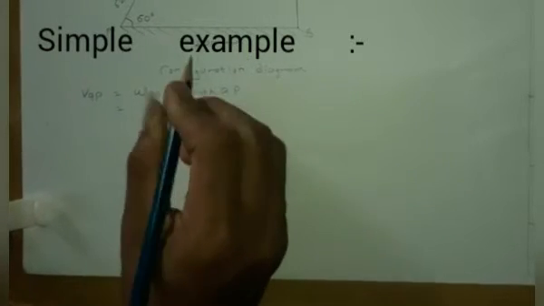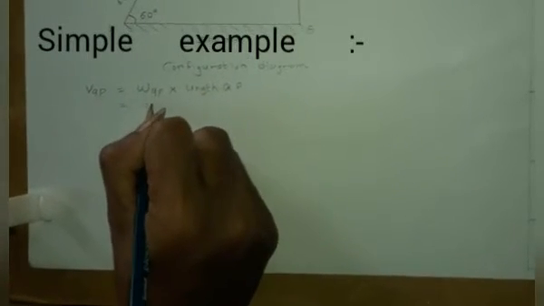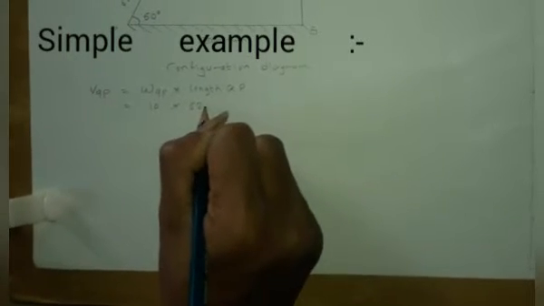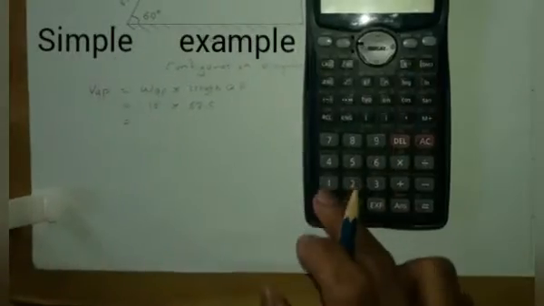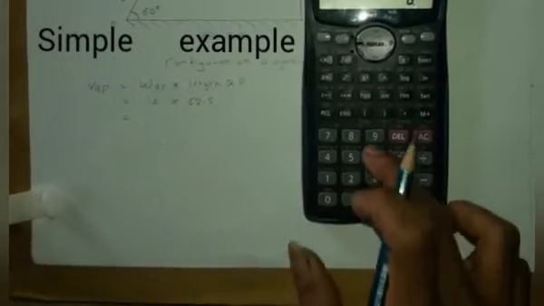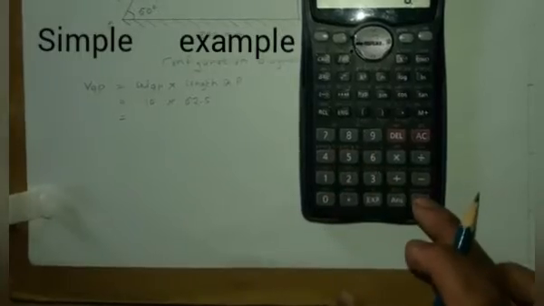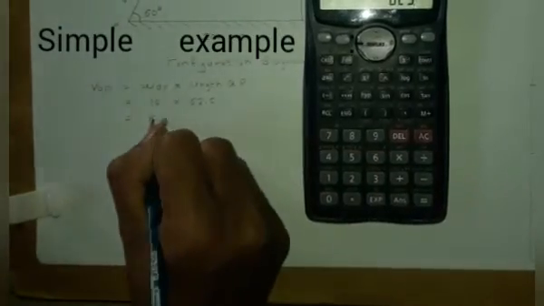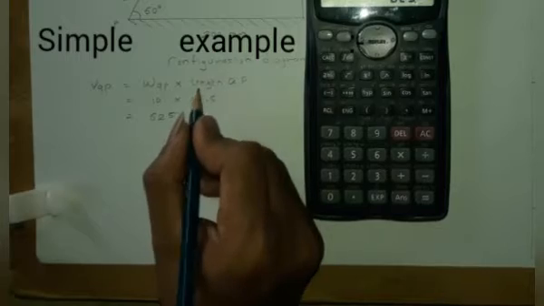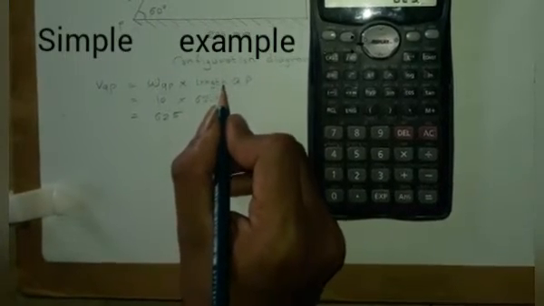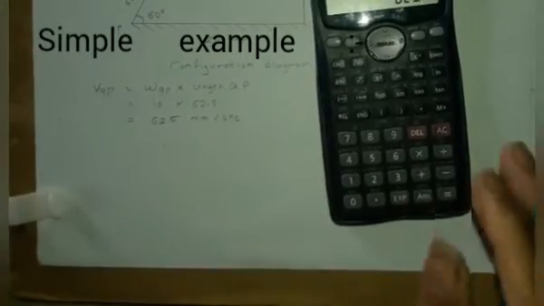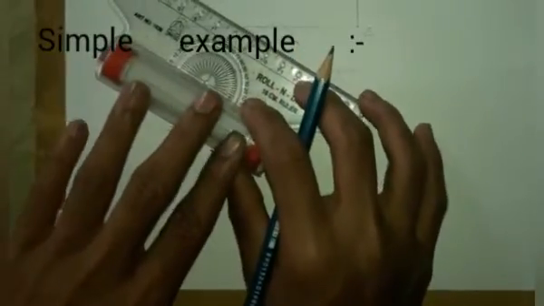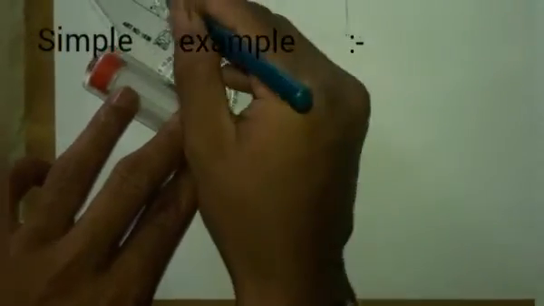So it will be 10 into 62.5, so it is equal to 625 mm per second. So for drawing velocity diagram, first of all we will take perpendiculars to each link.